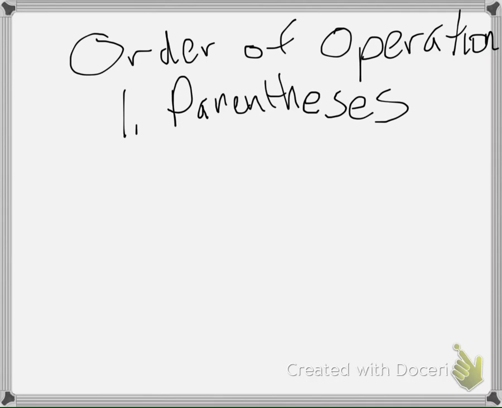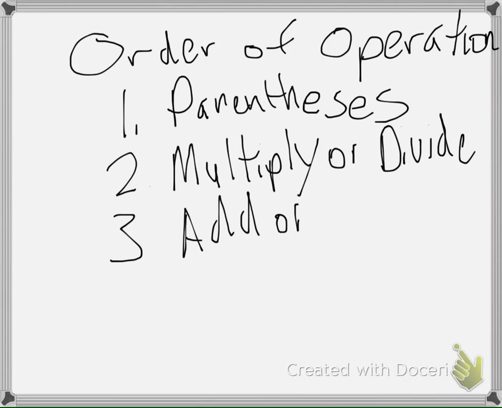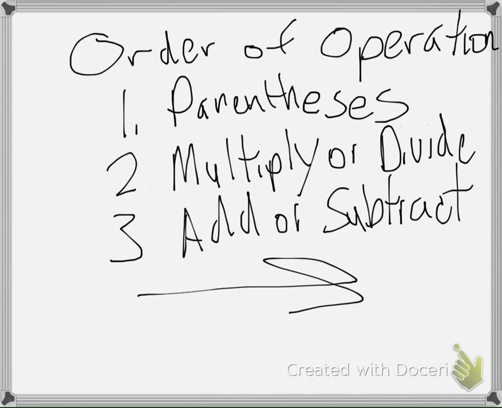So anything that's inside of a parentheses, you perform first. 2, multiply or divide. Third, add or subtract. And then we read them left to right like we do printing, right? Like we do when we're reading words.